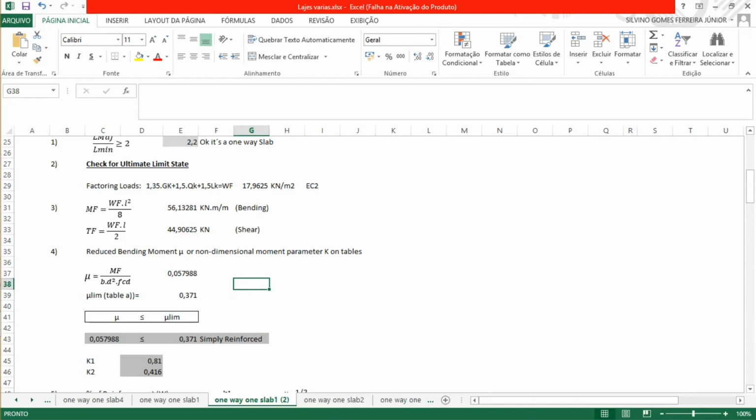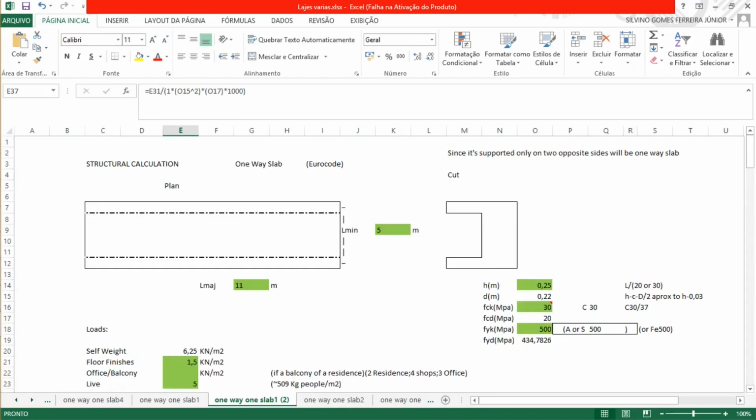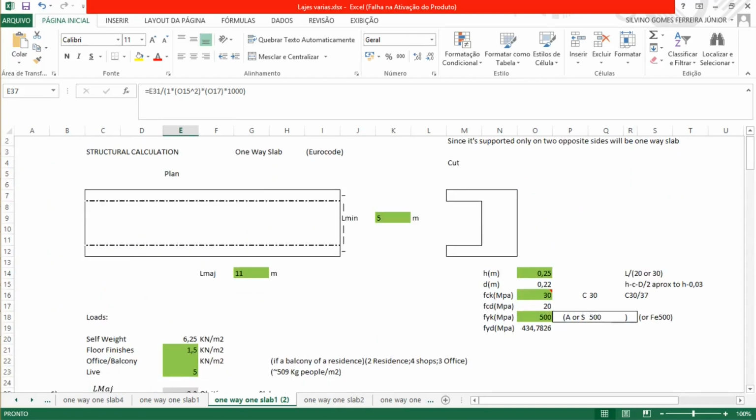So it's the factored moment that we calculated there divided by b, multiplied by d squared, multiplied by FCD. And this we already calculated there. So it is this moment divided by b, that is 1 meter.